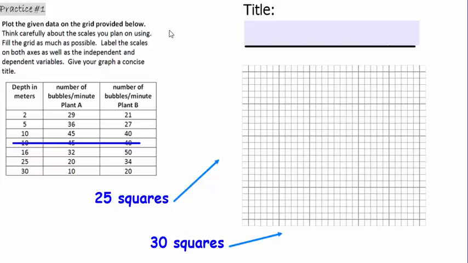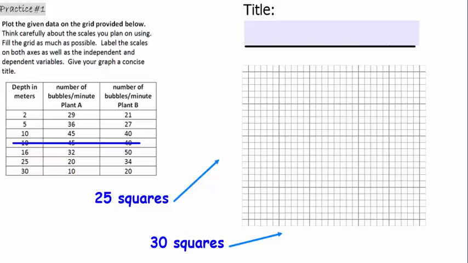We'll need a title, and we'll need to figure out what's independent and what's dependent. Let's take a look at what you're graphing here. We've got depth in meters, and then we have 2 different plants that bubble. So we have the number of bubbles per minute for plant A, and the number of bubbles per minute for plant B. So we actually have 2 sets of data that are our dependent variables.